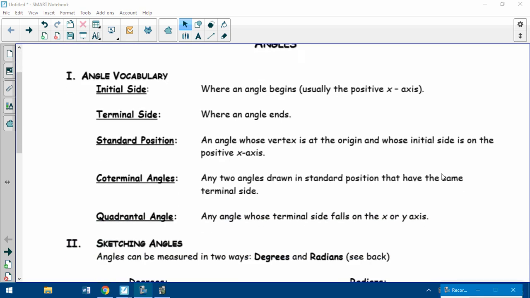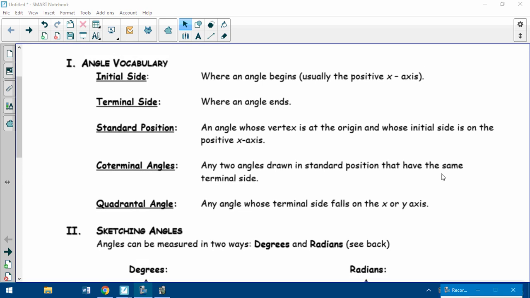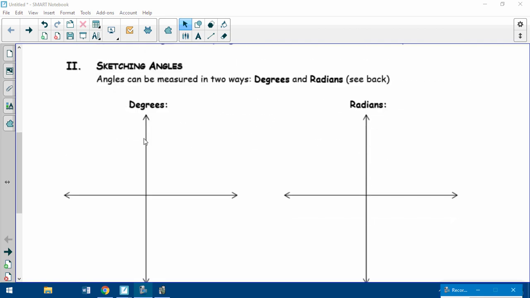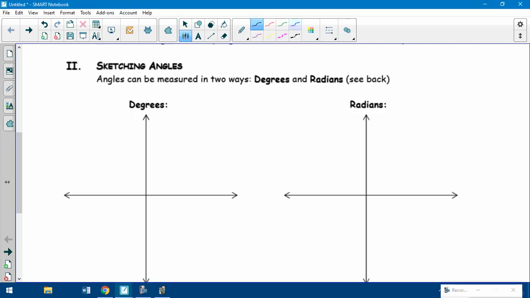Okay, so it's just some vocabulary to start you out with. An angle has an initial side, a terminal side, and we talk about being in standard position. So if I come down here, here's a set of axes. If I draw an angle on here right now, so let's say right here, we draw that angle.